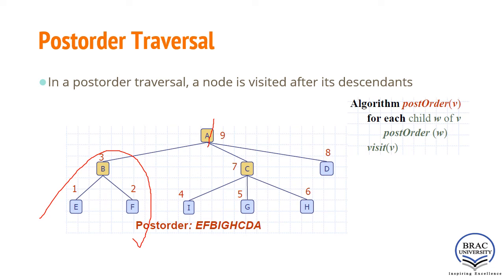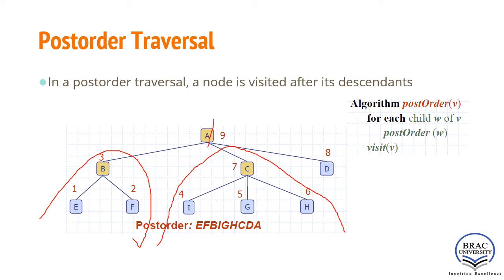Now, for the second subtree, we go to C, but C will not be visited. Why? Because C is the root and C has some children. So for this subtree, the visiting order will be from left to right, and after visiting all children, then visit the root.